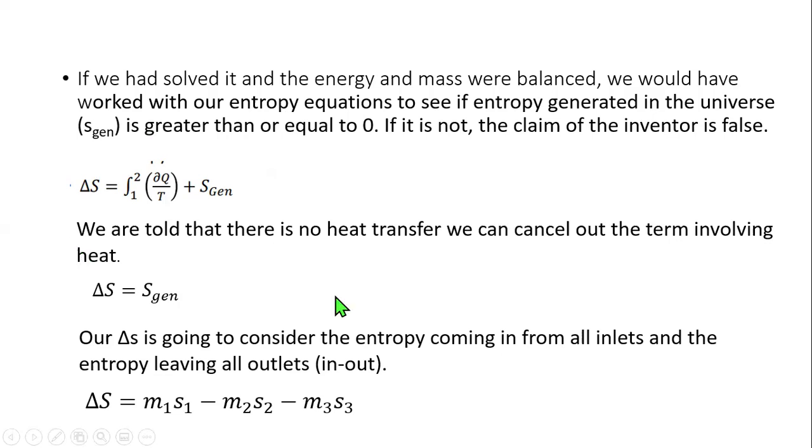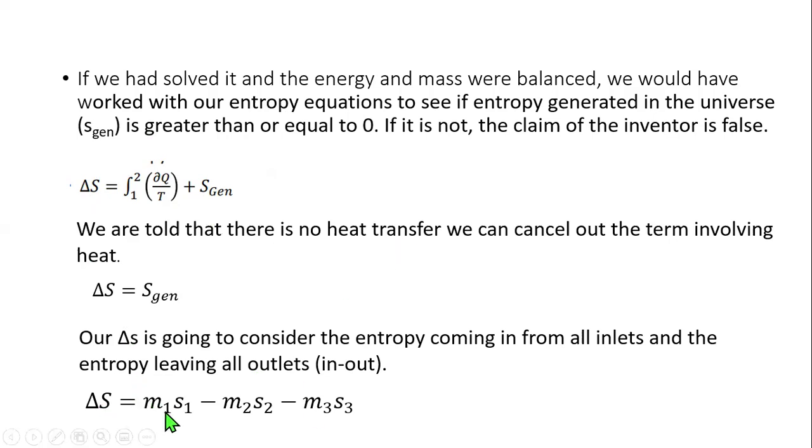So we are told that there is no heat transfer, so we can cancel out the term involving the heat. And we are just left with our change in S equal to our SGen, right? So for our change in S, let's consider the entropy coming in from all the inlets and the entropy leaving from all the outlets as well, just the same way we did for our change in enthalpy. We can do the same thing for our change in entropy.